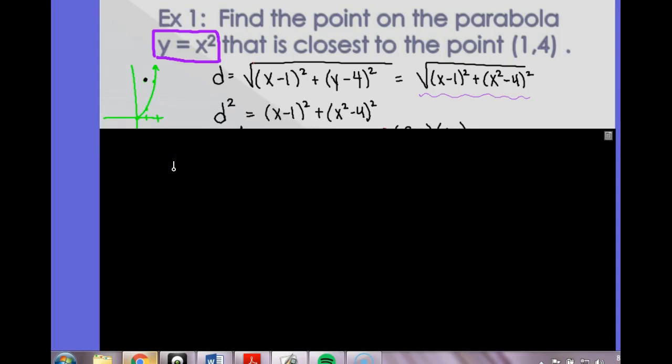So then I said to myself, I really don't want to take the derivative of a square root. So how can I make that better?